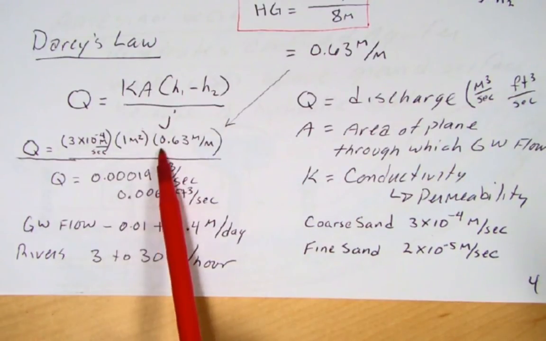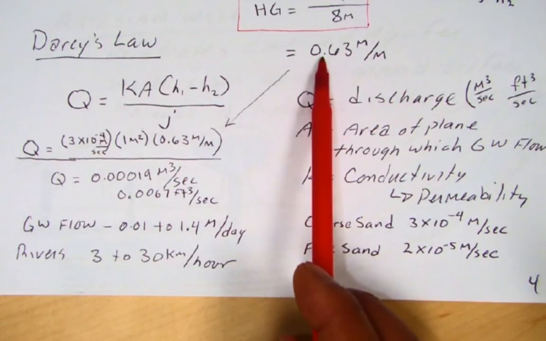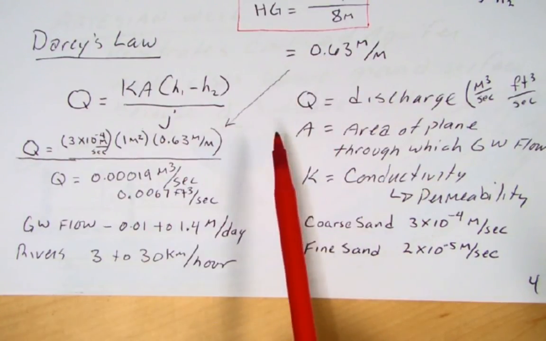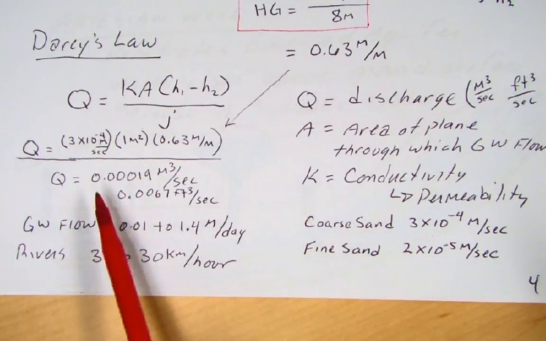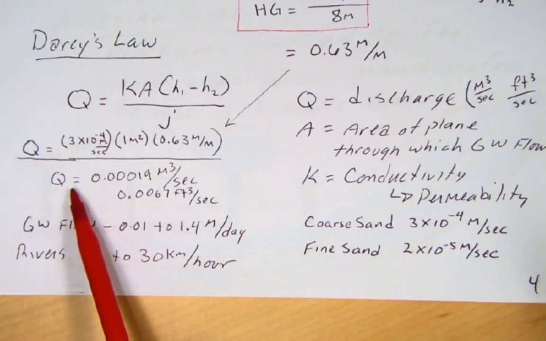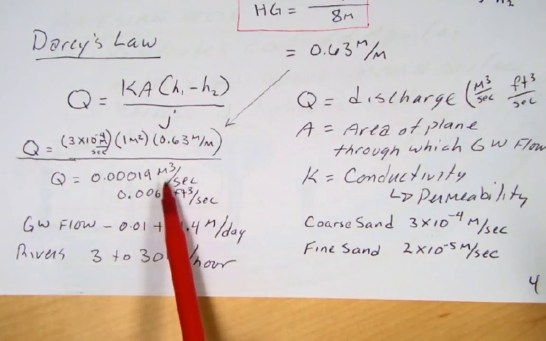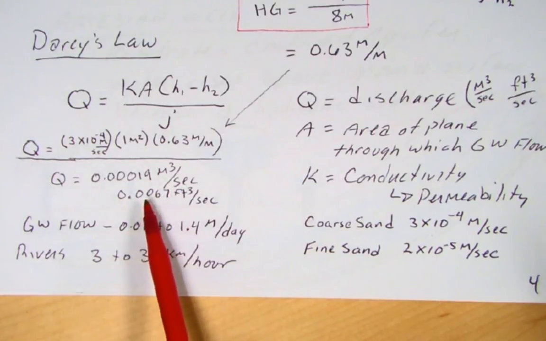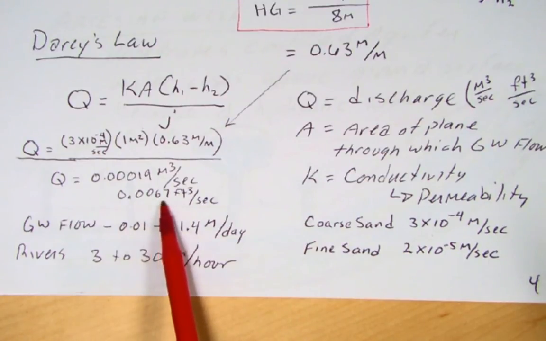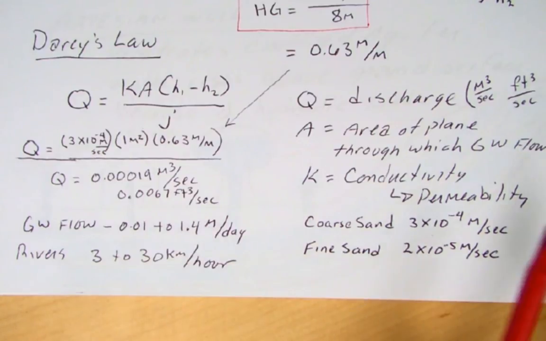And then here's my hydraulic gradient for the problem that I was using up above. So using that, I get a discharge from Darcy's law of 0.00019 meters cubed per second, which is a pretty small value. But remember, groundwater flow is relatively slow. And then if I converted that to feet, it'd be 0.0067 cubic feet per second. So that would be the discharge.